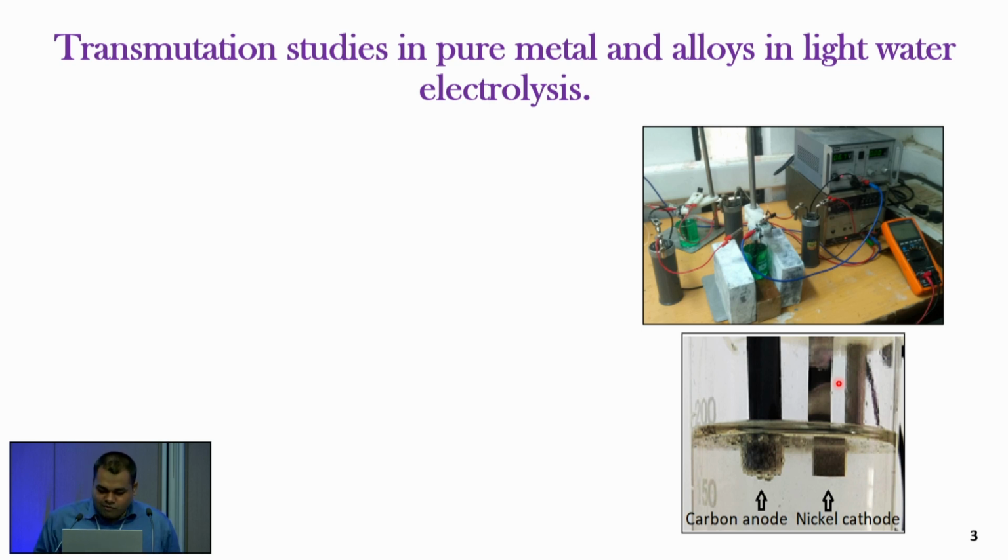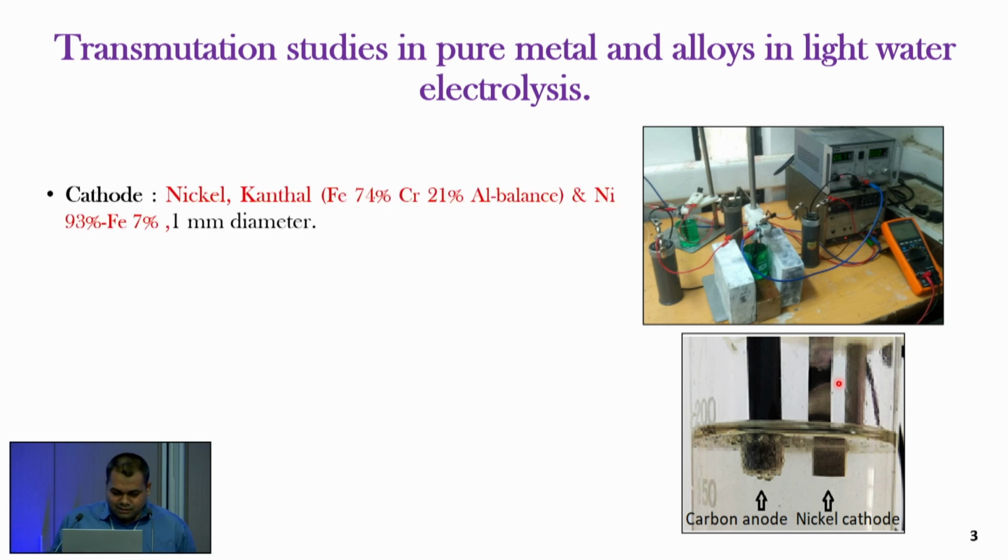The metal cathode is the one that we want to study here, so the cathode could be anything. In the case of pure metals, we choose nickel. We have also done experiments with alloys like kanthal, and another alloy, nickel iron. These wires typically have a diameter of 1 mm.